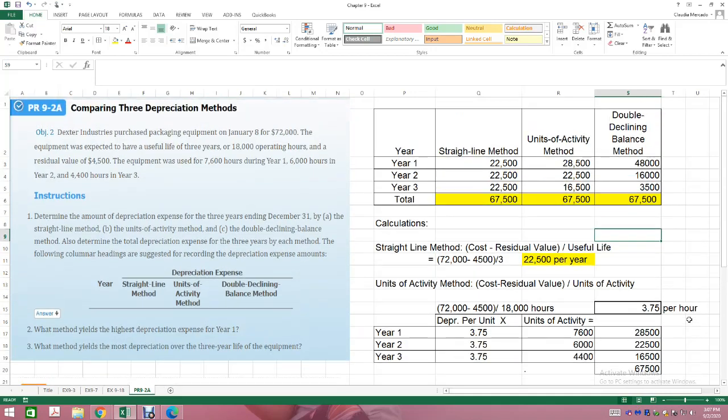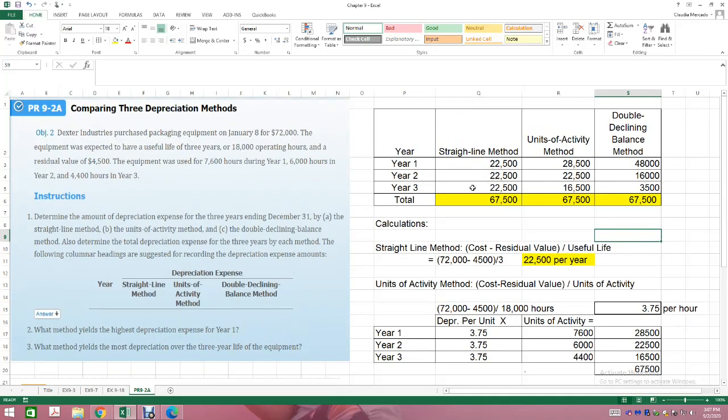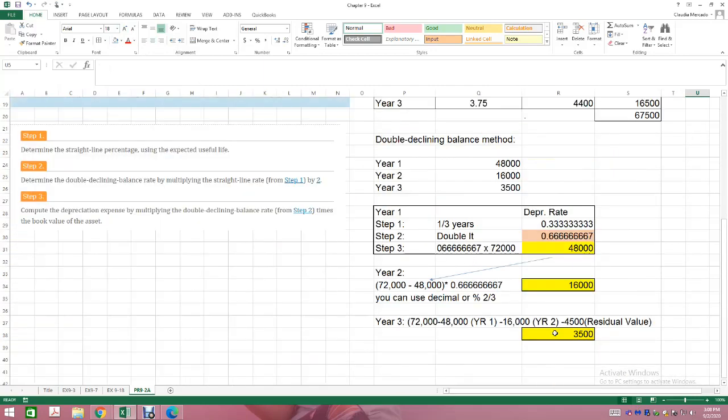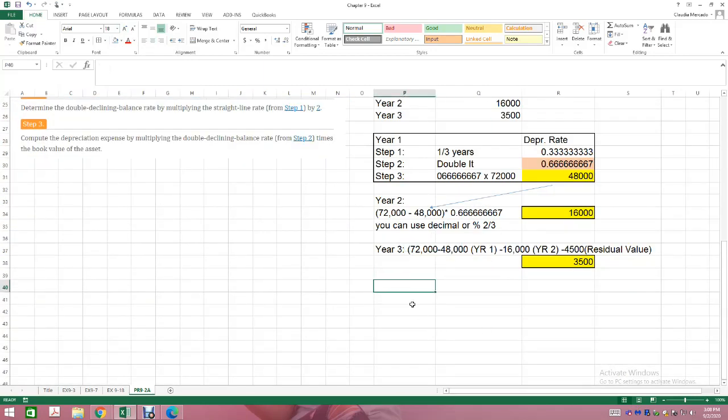So let's go to the table. Which of these methods gives you the highest depreciation in year 1? For year number 1, the one that gives me the highest depreciation is the double declining balance method. That gives me $48,000. Okay, so I'm going to just type it out here.